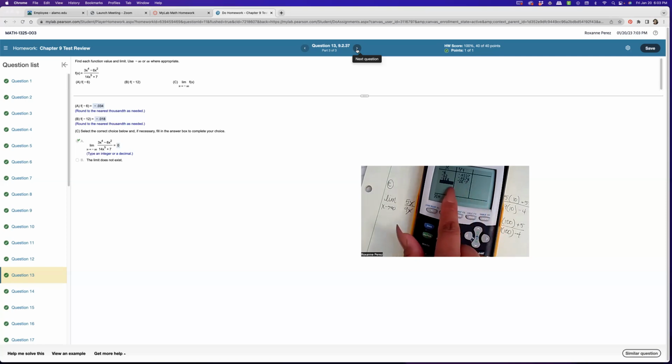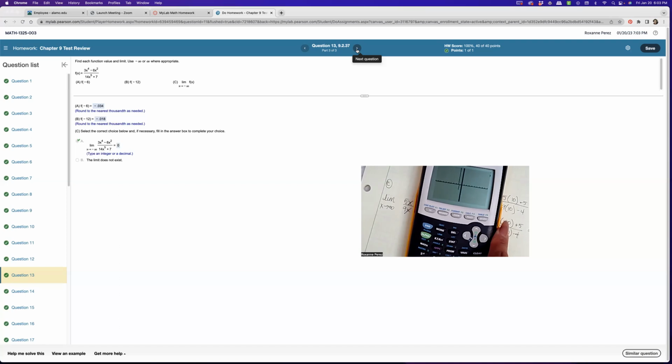Now, if you're not quite sure, what we can still do is graph this function. And I'm being asked to evaluate this for x values as they approach -infinity, so going this way. So what I want to do is actually reduce my y scale. And so I'm going to go to my y window and change this to -5 to 5 and hit graph again.